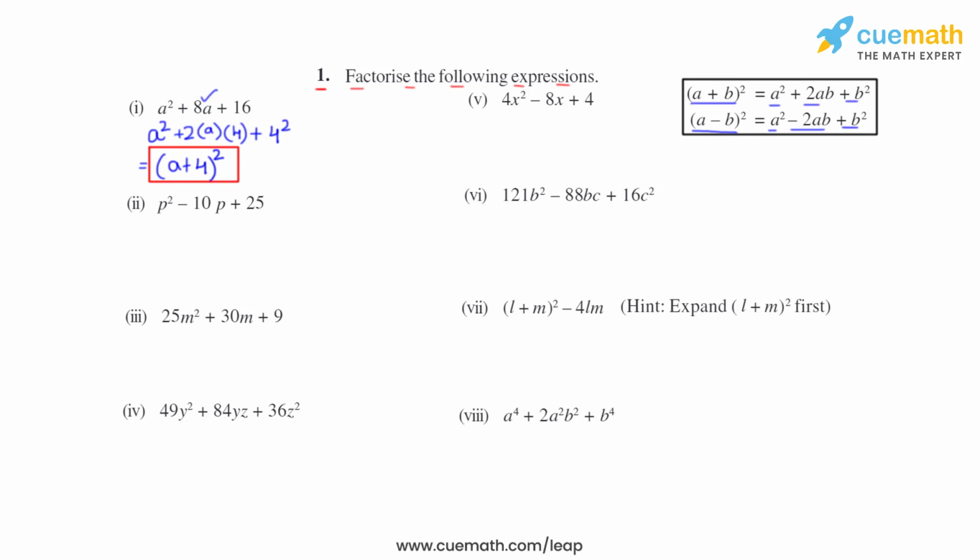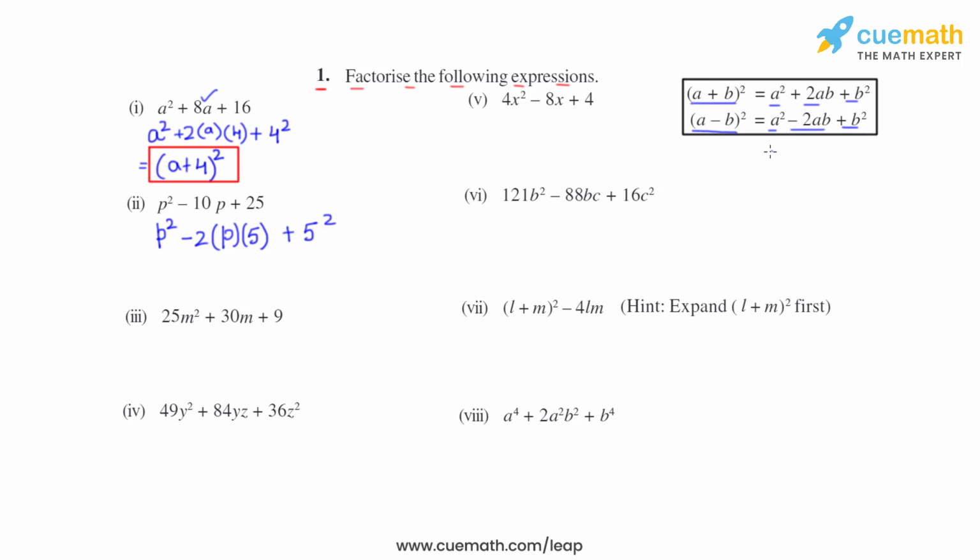Let's do the second one now. In the second one also same steps. You can see a square, that is p square. 25 is 5 square, and minus 2 into a, which is p, and b is 5. 2 into 5 is 10 into p is minus 10p.